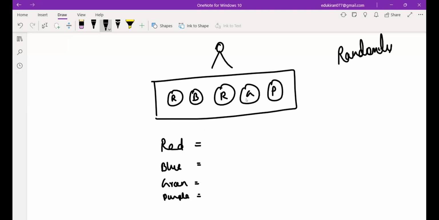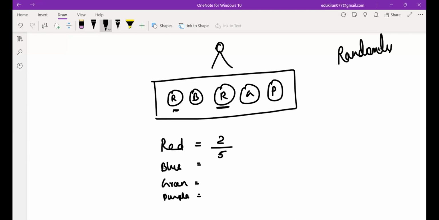Okay. So over here, see, how many red balls are there? 2 red balls. So for red ball, the possibility will be 2 divided by how many total are there? 1, 2, 3, 4, 5. Clear? So the possibility of getting a red ball is 2 divided by 5.